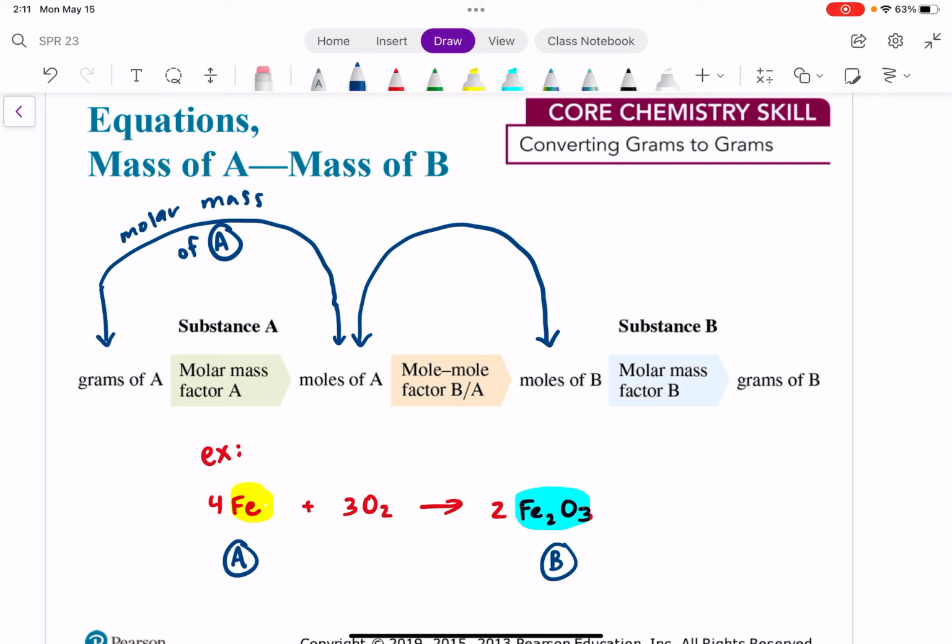Yeah, we use our mole-to-mole ratio, or mole-to-mole factor, whichever way you want to think about it. Once you use that mole-to-mole ratio, you're now left with moles of your substance B. And that's going to allow you to use, again, the molar mass, this time of substance B, to get to grams of B.